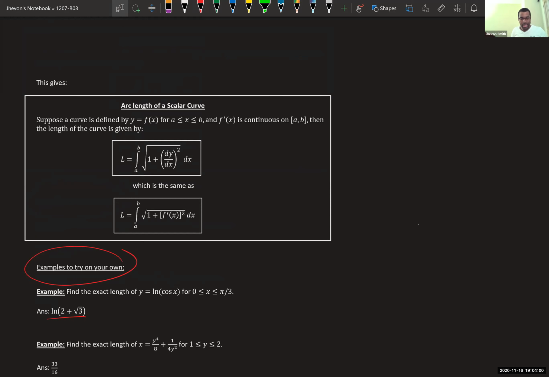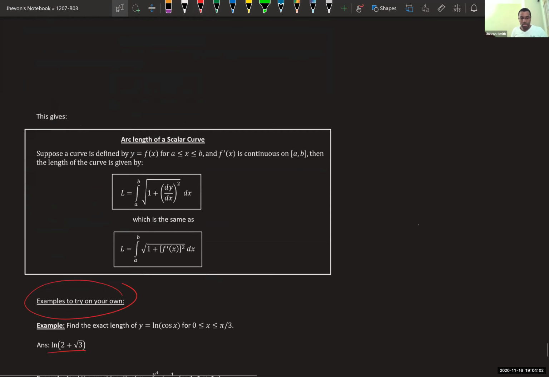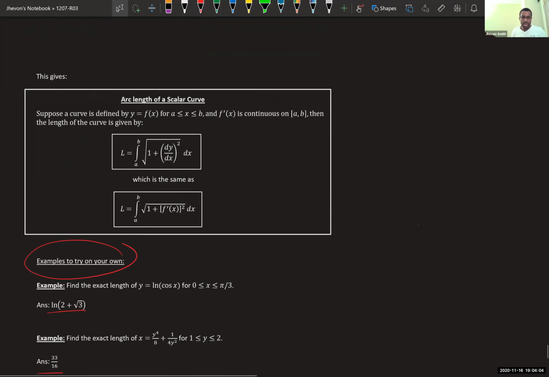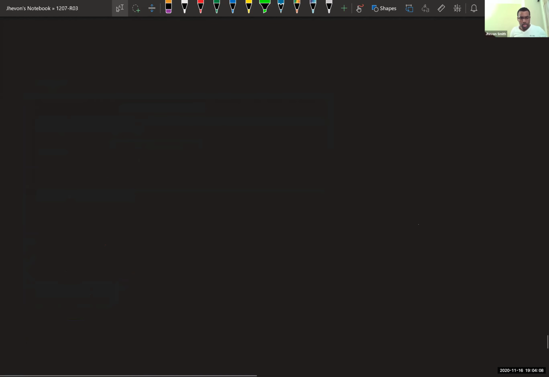It turns out that there's a connection between length or size and something like surface area and volume. So this kind of formula you should be aware of in calculus 2.